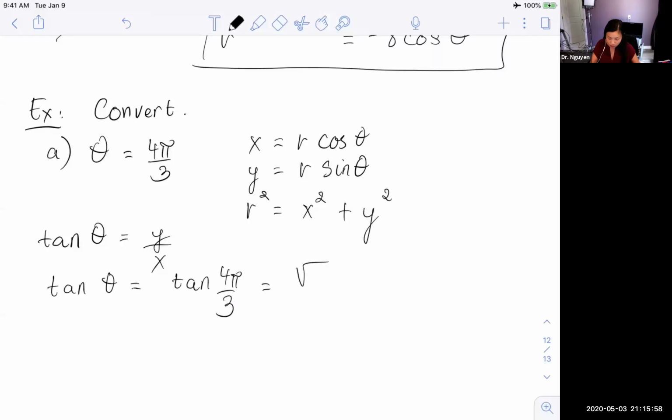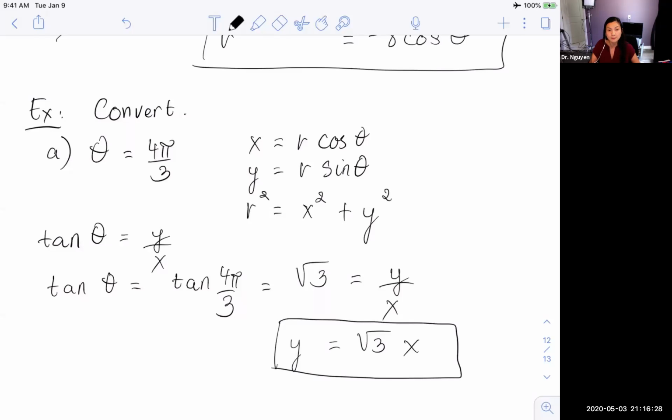If you go to the unit circle, you know that tangent of 4 pi over 3 is square root of 3. But don't forget tangent is y over x. So I can put this equal to y over x. All right, so y is square root of 3 times x. Now we have the rectangular form, y and x. Okay.